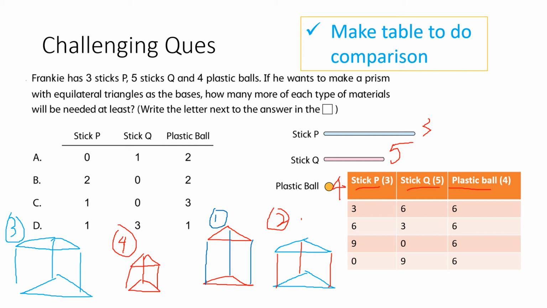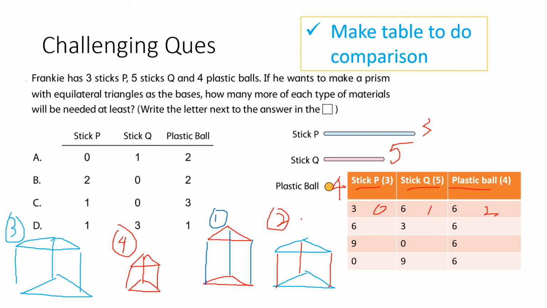Okay, then we can do the comparison. So for case 1, originally we have 3 stick P, so we don't need to add any stick P. And then for Q, I need to add 1 more Q, and for the balls, I need to add 2.